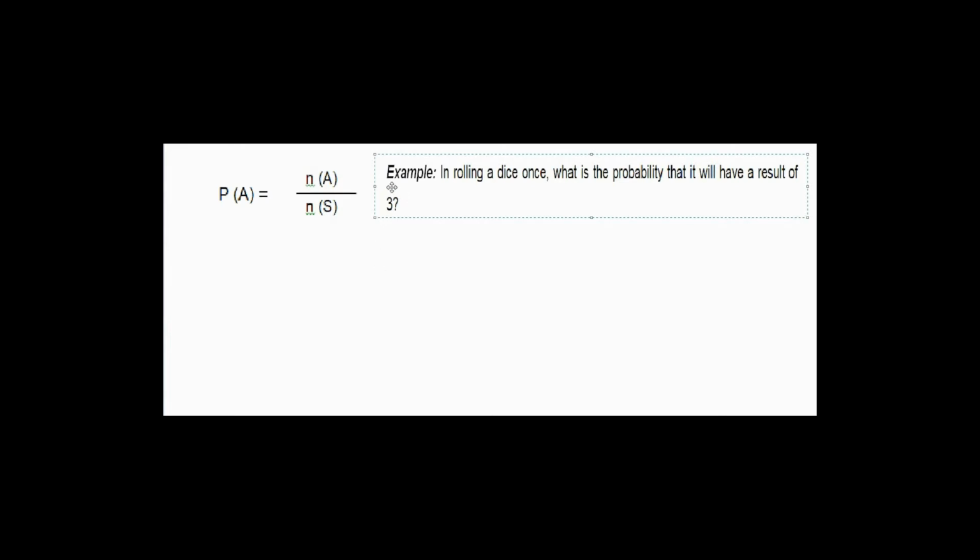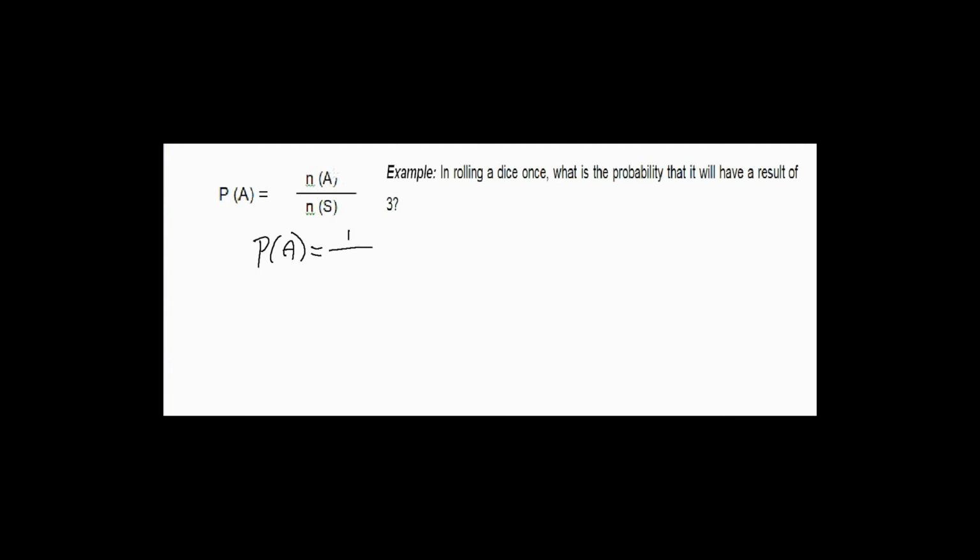So therefore, we are only searching for 3. So we can say that the probability of A happening is equal to the number that we are searching, the result for 3, which means it is only a representation of one side.